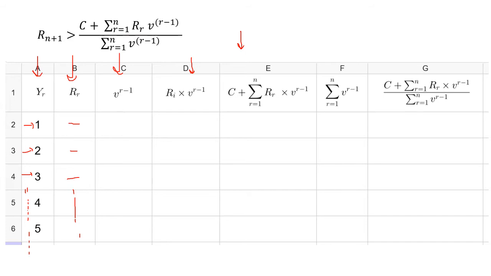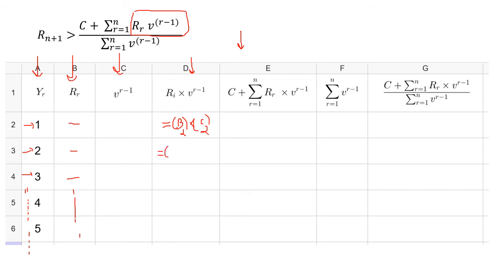In column D, we are going to calculate the product in the numerator, which is R_r into V raised to r minus 1, which is simply the product of column B and column C. So for year 1, this will be column B second row and column C second row, B2 C2.